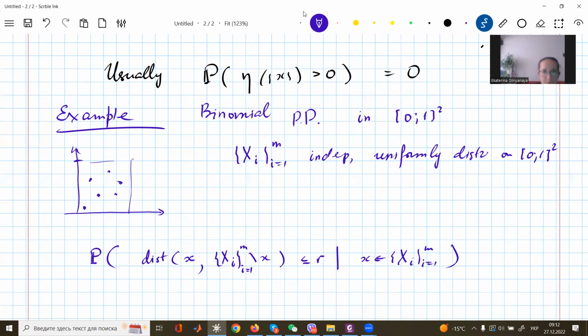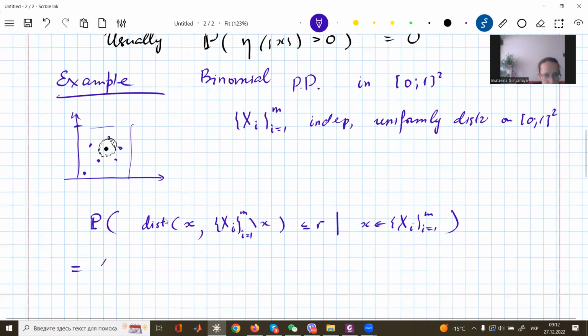On the picture, I fix point x and ask for the smallest distance to this point, and of course I can use the ball of radius r in order to specify this distribution. I will consider the opposite probability, so I will write 1 minus the probability.